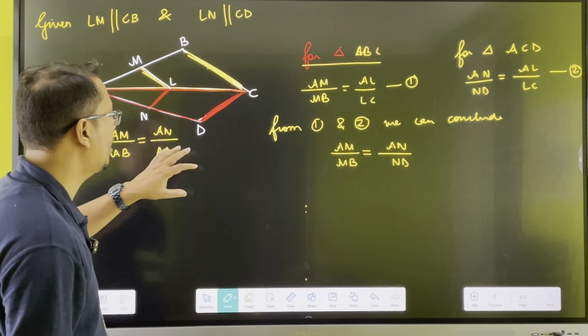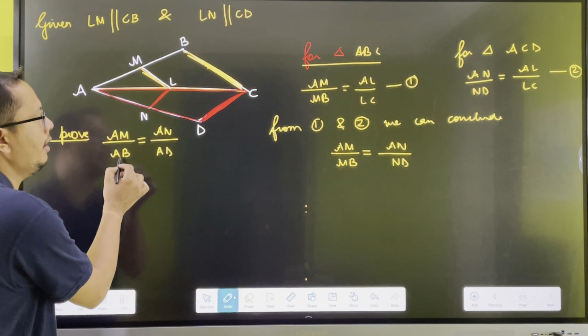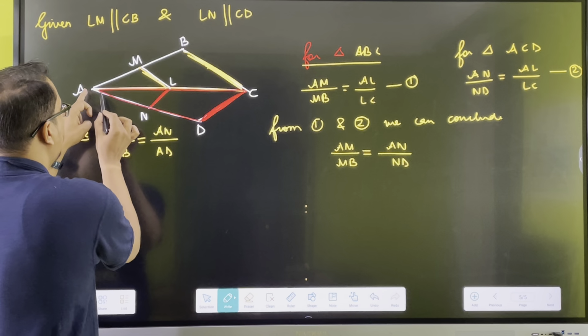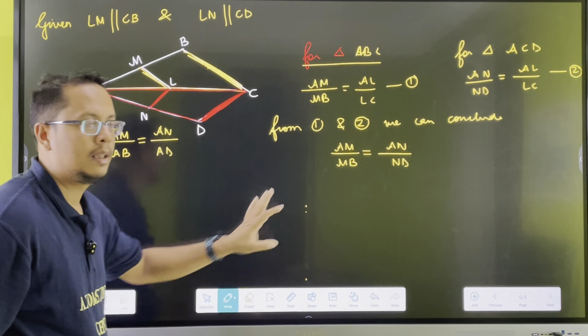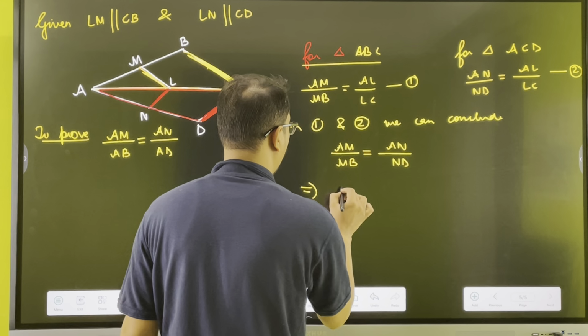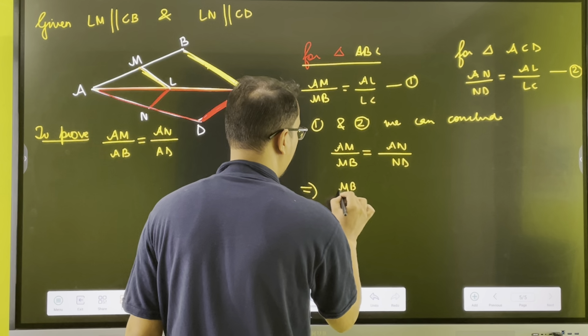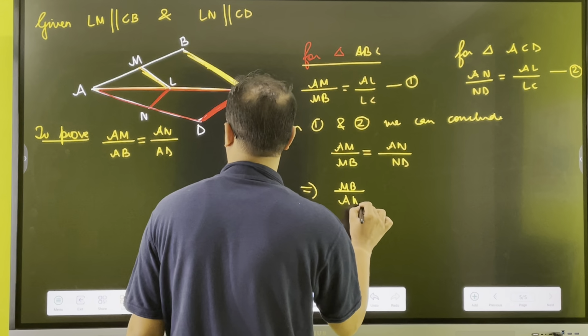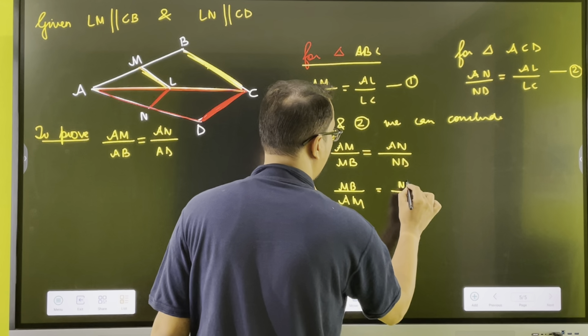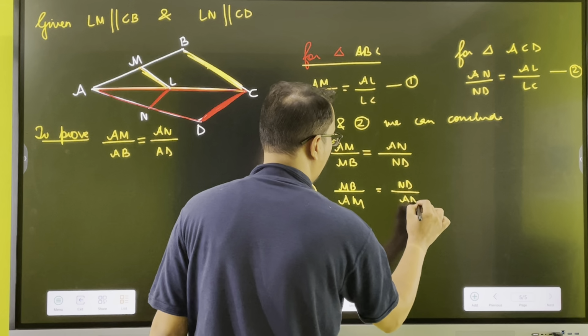Now what is being asked in the question? To prove that AM by AB equals to AN by AD. This again is very simple. We'll reverse it now. We can write MB by AM equals to ND by AN.